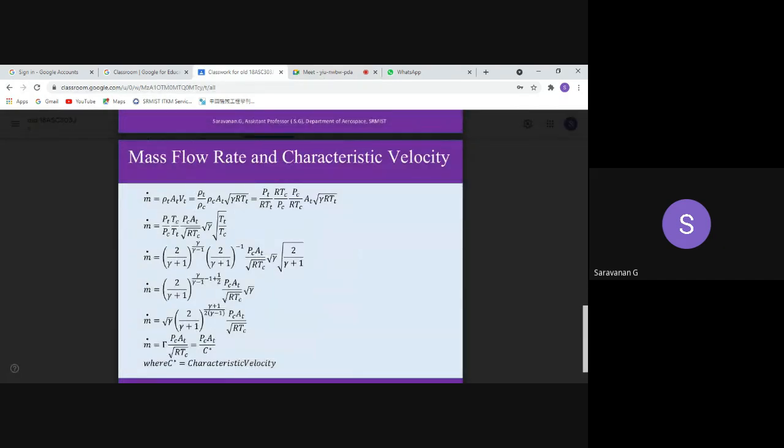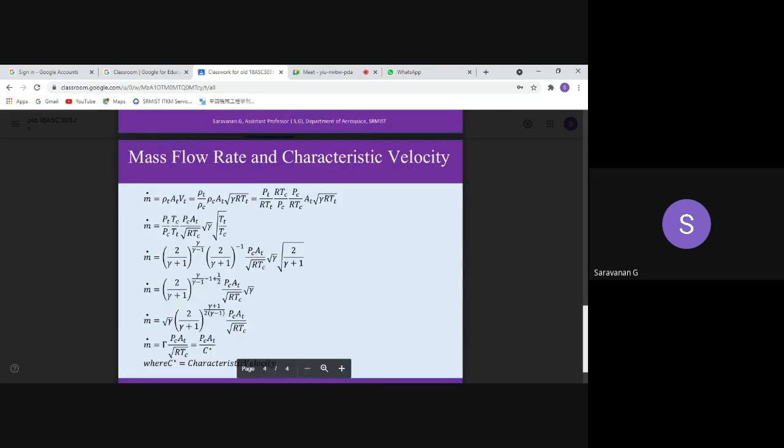There are a lot of methods to derive this expression, and this is one way of doing it. It is comparatively similar to the other expression. The only thing is relating rho t At Vt and rho e Ae Ve, then substituting P by rho RT, multiplying and dividing by PC and by RTC. At the end, you will get an expression in terms of pressure ratio and temperature ratio for throat and chamber, and the remaining stays as it is.